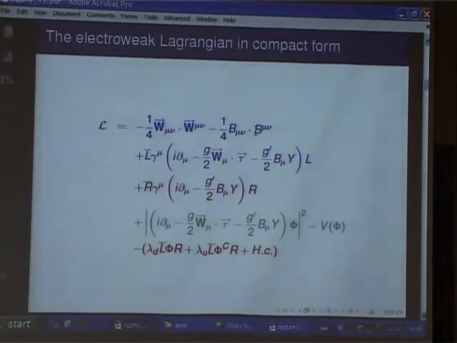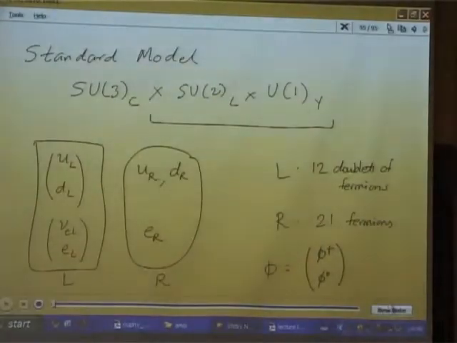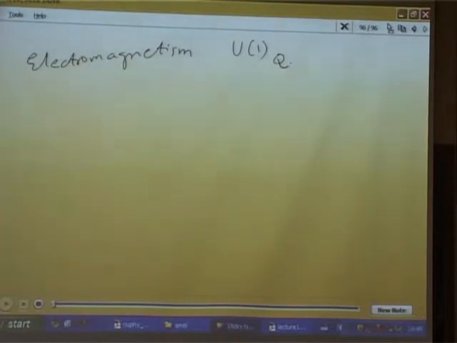In addition to coupling with the fermion, the photon itself has a kinetic term, which is given by F mu nu times F mu nu. For electromagnetism, we have something very similar. Electromagnetism is also U1, sometimes called U1 of Q.